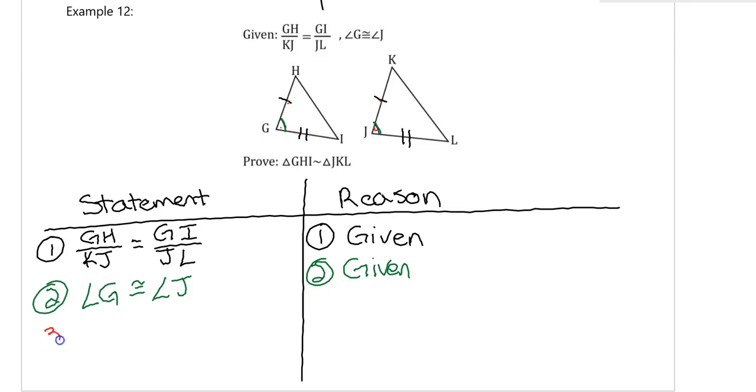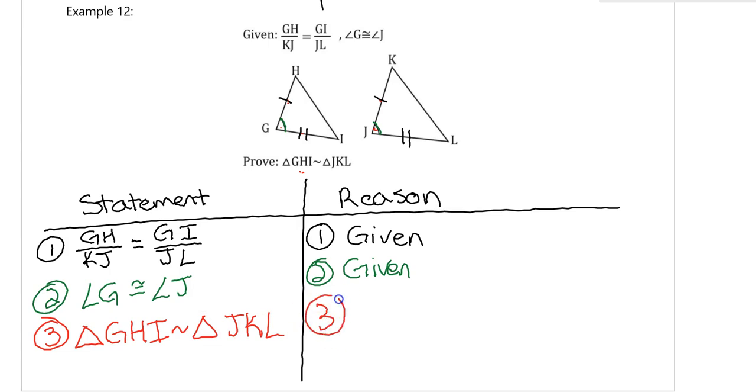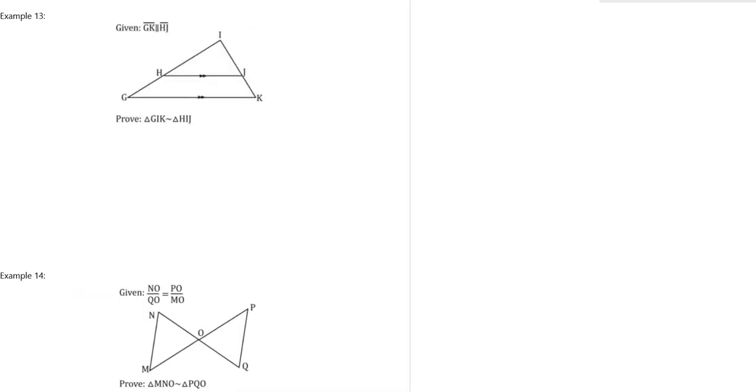So I can say that these are similar. My similarity statement: triangle GHI is similar to triangle JKL. How do I know? Again, I did a side, angle, side.